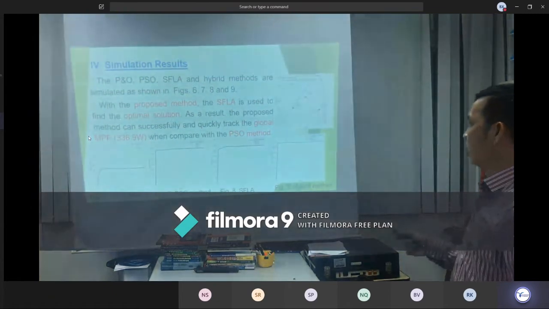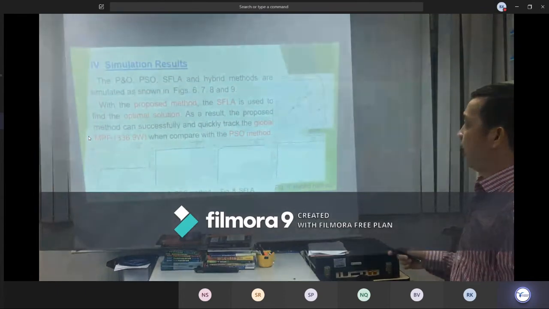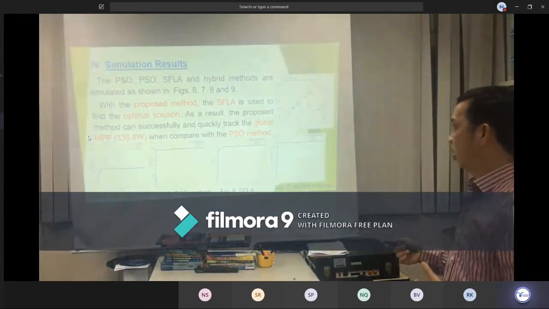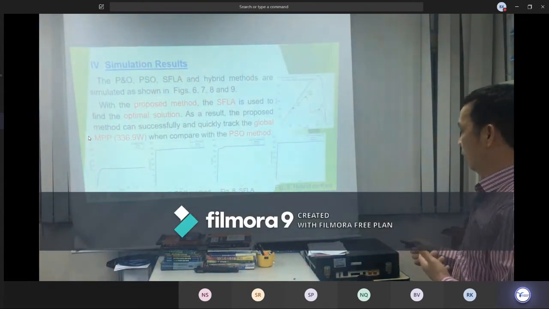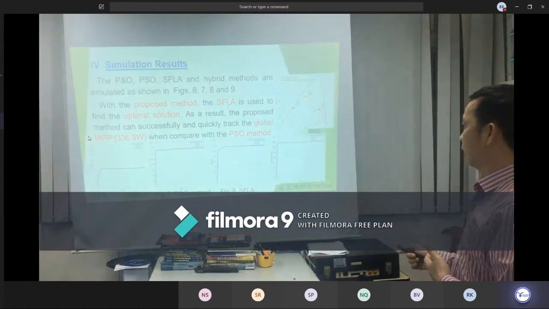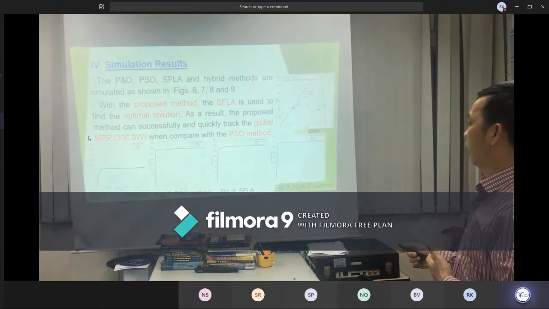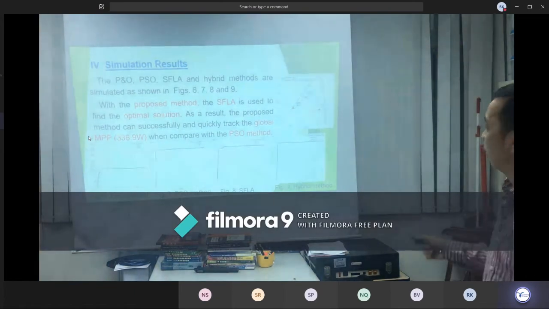With the hybrid method, the SLA is used to find the optimal solution at the start. Here, the hybrid method can successfully and quickly reach the global MPP.